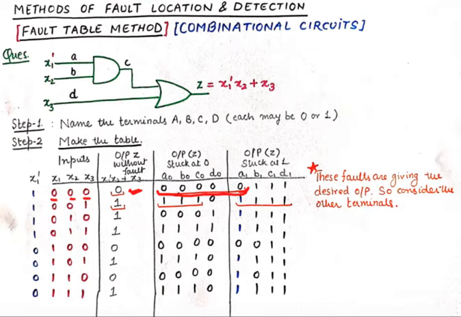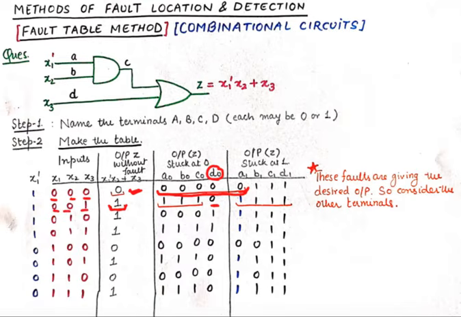Please understand, if the fault-free output is 1 and the terminals which are stuck at either 0 or 1 give the same output, then we do not check them for faults. So similarly, in the second case, only D stuck at 0 could be the culprit for the input 0, 0, 1.